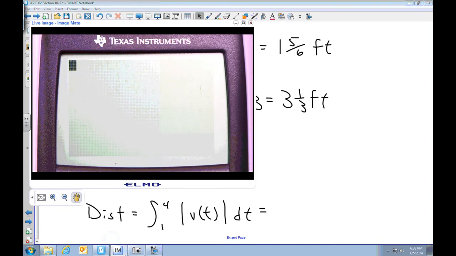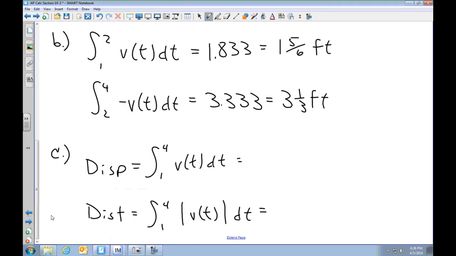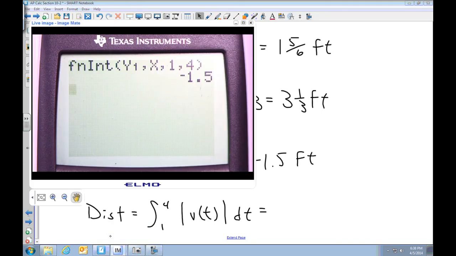Let's just clear those out of there and go back and change this first entry. It's the integral of my velocity function from 1 to 4 is what I want to change. And we get a negative 1.5. And again, that's in feet. And let's check out the second calculation here, which is our distance, but I've got to make this the absolute value.